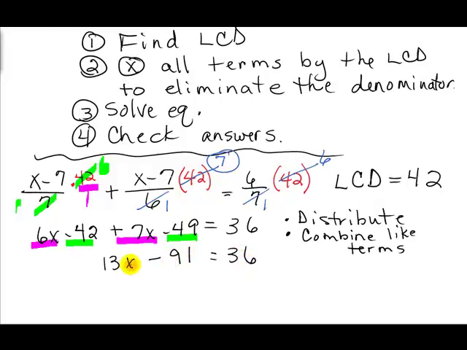Now I'm ready to get this x by itself, but before I can get rid of the 13 that's with it, I need to move this 91 over. And this is just what I call the moving part. You're going to either move a variable or a constant, or it could be both.